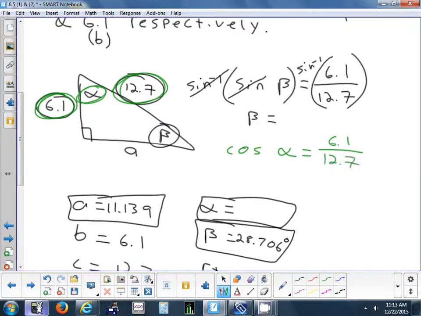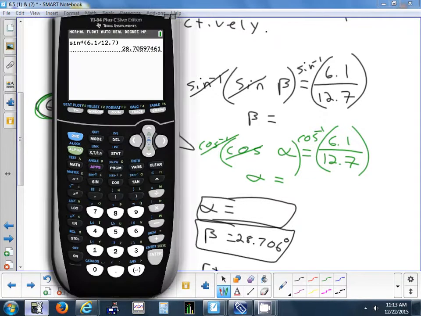Good. And to cancel out cosine, what will I do? Inverse cosine. Take the inverse cosine of each side. So that cancels, and we get the inverse cosine of 6.1 over 12.7.